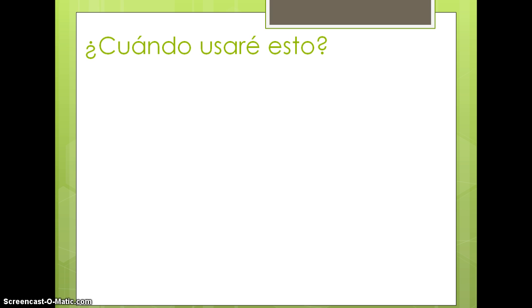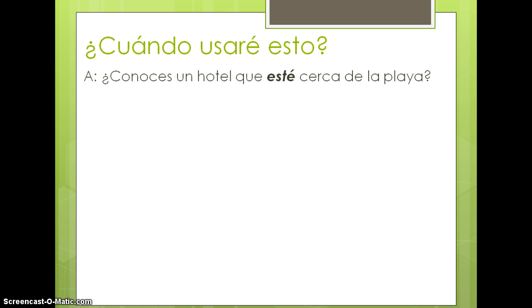Now, ¿cuándo usaré eso? Es una buena pregunta. This use of the subjunctive is used commonly in questions. Here are some examples, and you will see the English and Spanish. The question: ¿Conoces un hotel que esté cerca de la playa?